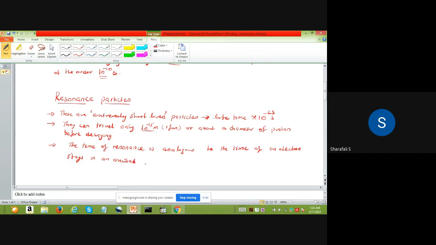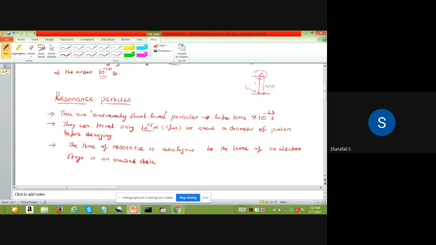Initially the electron is in the ground state, then it absorbs some energy and goes to the excited state, and then it comes back to its ground state with the emission of radiation.